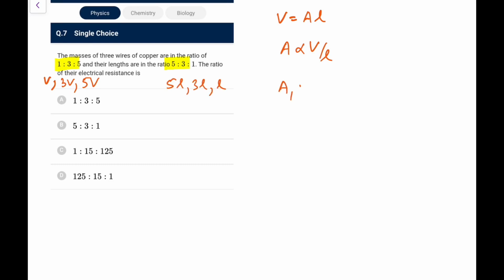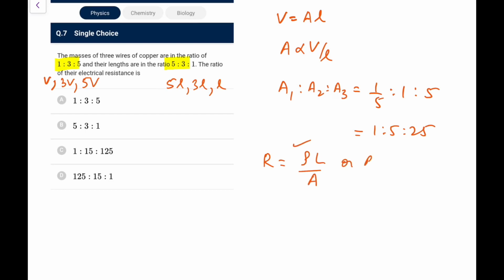So the area ratio A1 is to A2 is to A3 would be equal to 1 by 5 is to 1 is to 5. You can simplify as 1 is to 5 is to 25. Now resistance, you know, is equal to rho L by A, because rho is same, so R would be proportional to L by A. So again, going by the same analogy, the first one area is 1 and the length is 5, that is 5 is to 1.